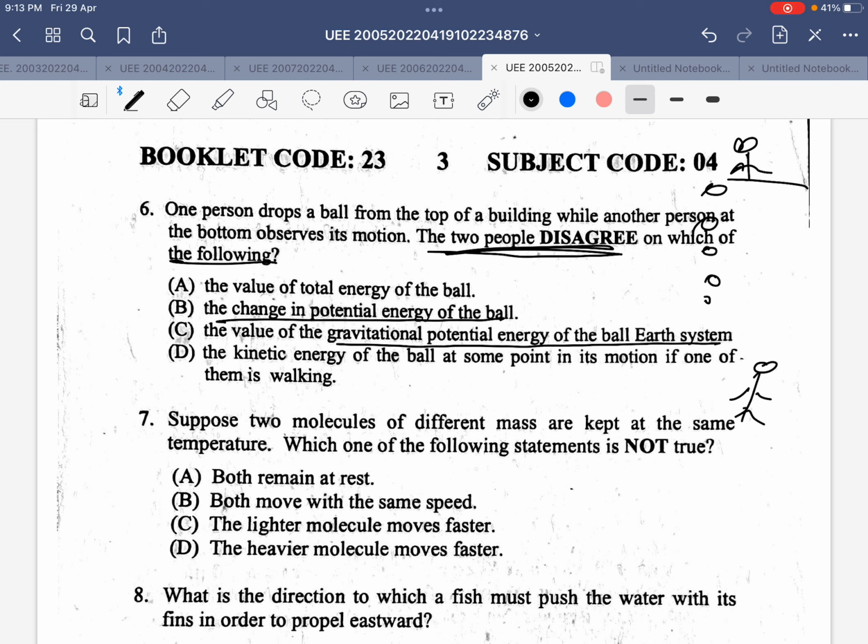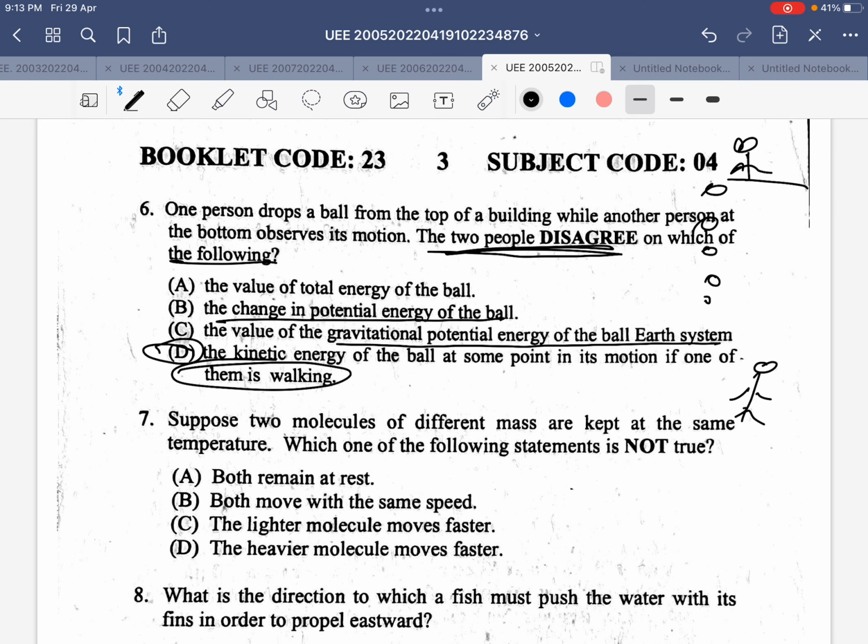This is the same for both persons. D. The kinetic energy of the ball at some point in motion if one of them is walking. If one of them is walking, they do not agree on the motion of the ball because relative velocity is the factor that makes them disagree.